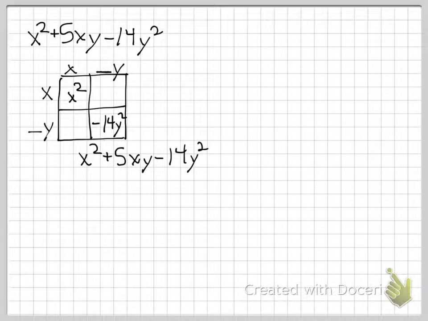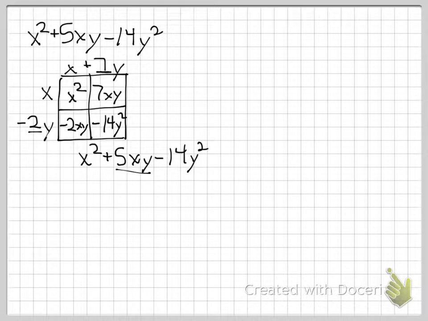We're still looking at sum, we're still looking at product. So I'm still looking at 5 and negative 14. What am I going to do? So if we did x plus 7y, I've got a 7xy here, and an x minus 2y, that's negative 2xy, which still combines.